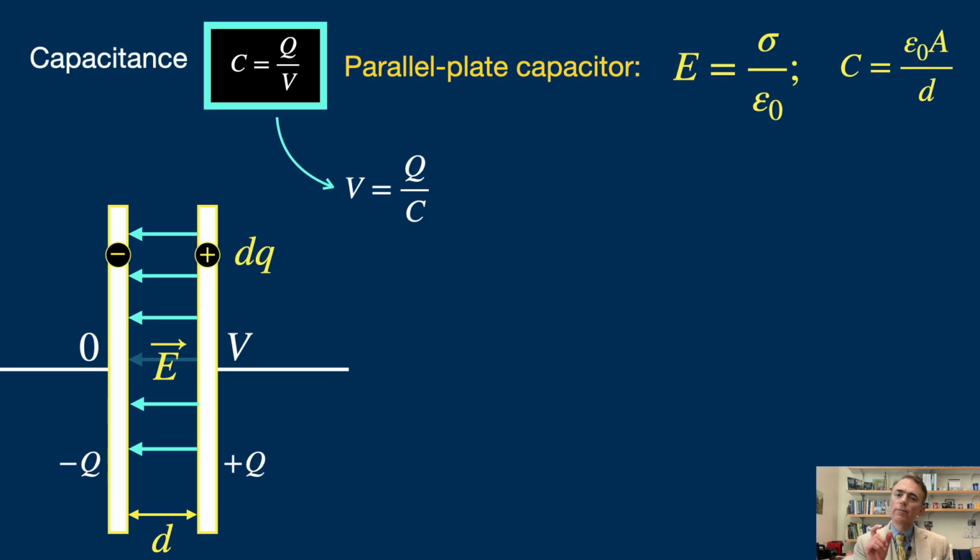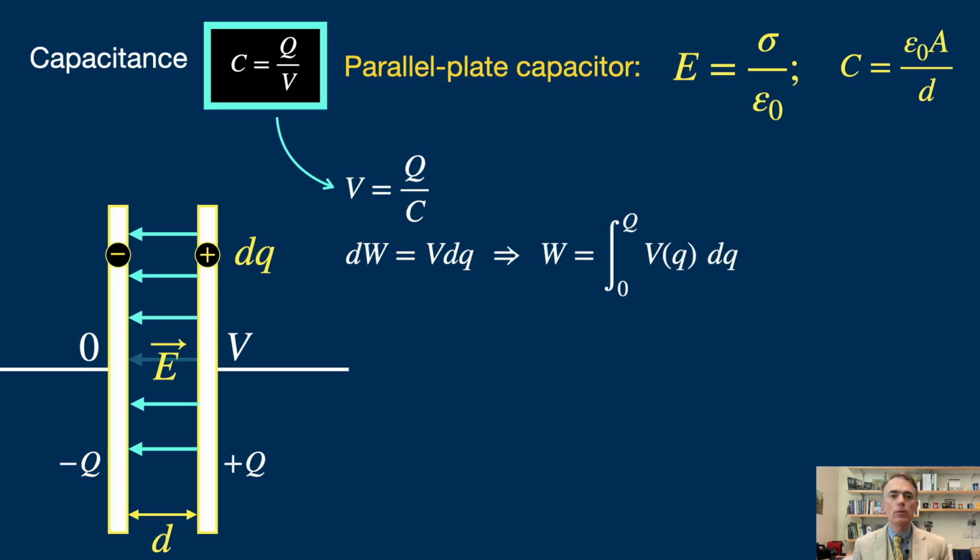To transfer an infinitesimal charge dQ, the small amount of work done, dW, equals V dQ, or Q over C dQ. To find the total work, and hence the energy stored in the capacitor, we need to integrate this expression as the charge builds up from 0 to Q, the final charge on the capacitor.